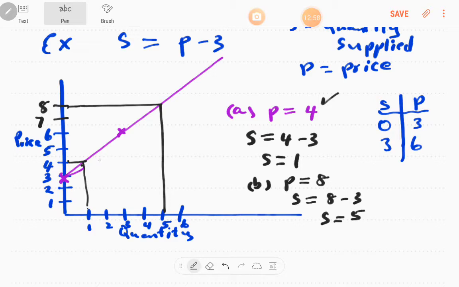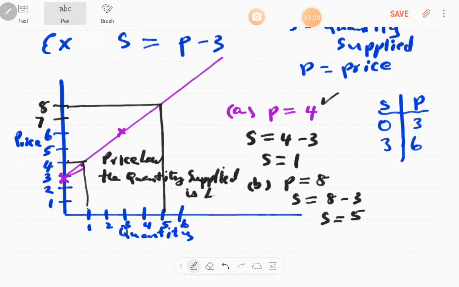Okay, so when the price is low, the quantity supplied also is low.